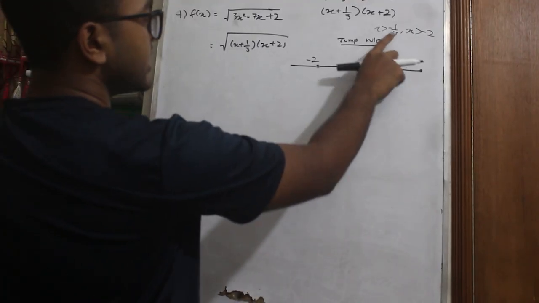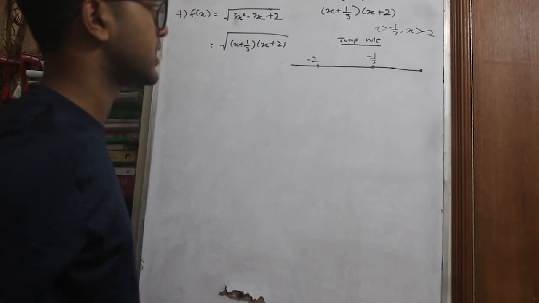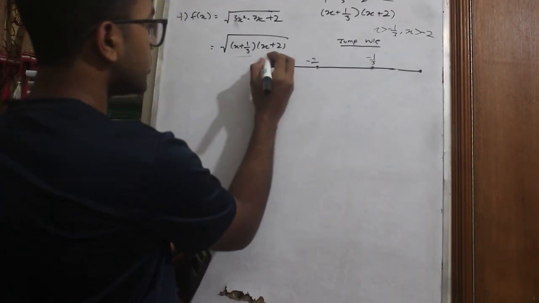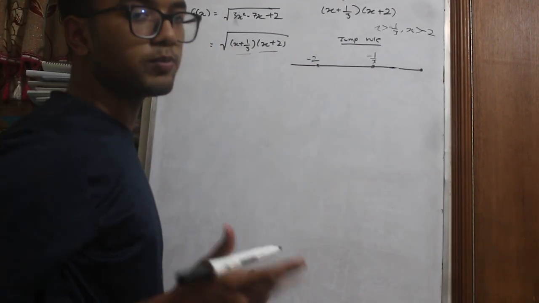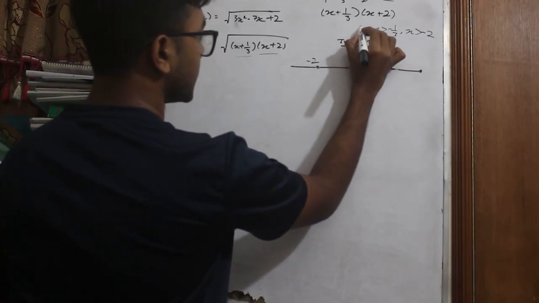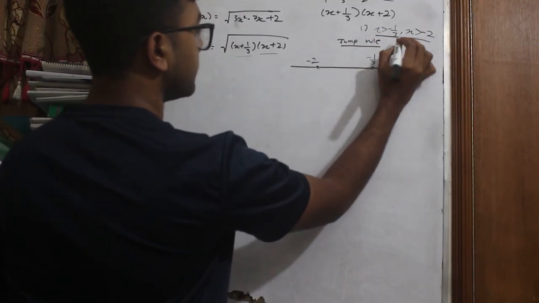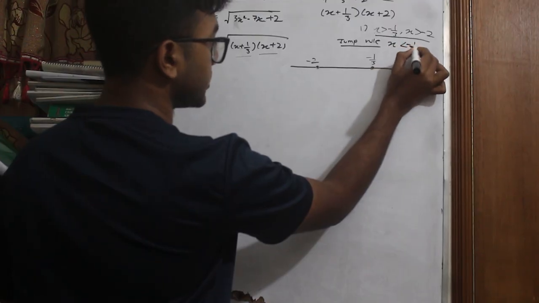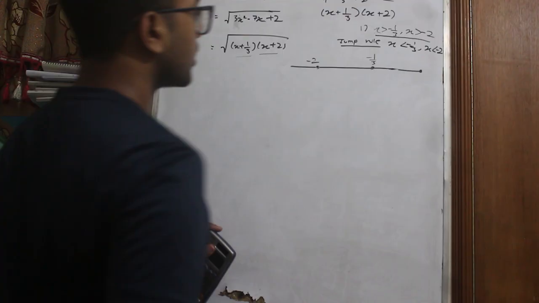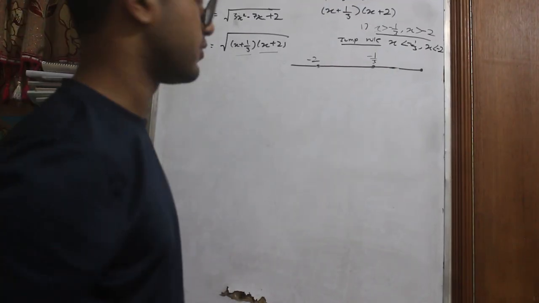How can a number be greater than both of them at the same time? Here comes a twist because both numbers can be either positive or negative. So the first situation is x is greater than both of them, and the second situation is x is smaller than both of them. Because two negatives make a positive, right?